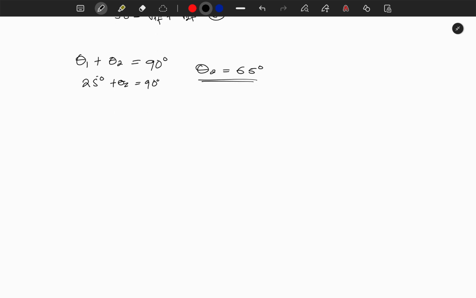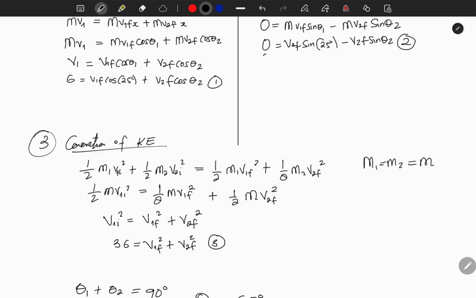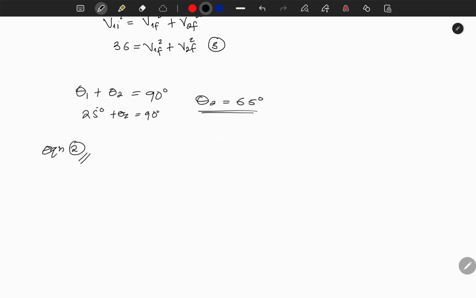So if that's the case, let's go back to equation number 2. If I take this one to the other side, this becomes, please confirm with me, v1f is equal to v2f sine 65 degrees over sine of 25.